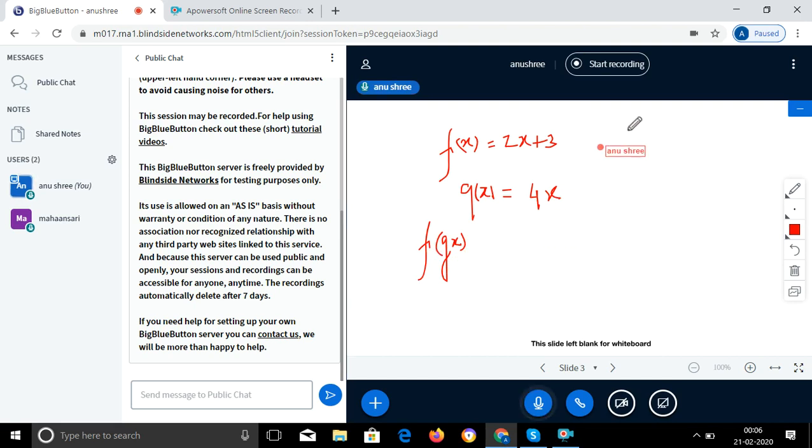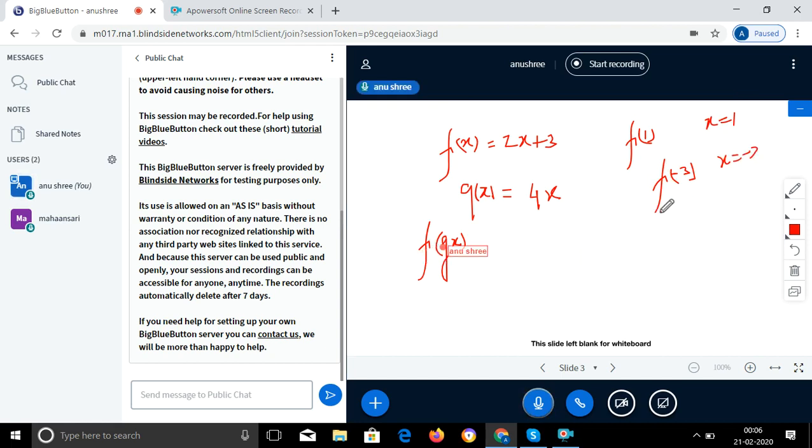So what we were doing, if it's f(1), that means we have to put x equals 1. If f(minus 3), that means we have to put x equals minus 3.